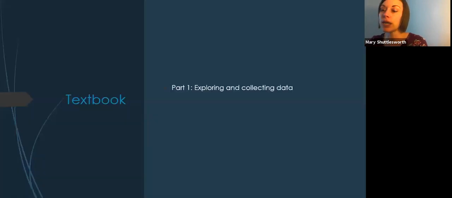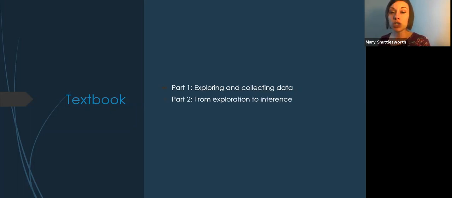All right, so just in terms of looking forward in your textbook, part 1 is all about exploring data, so that's those graphical representations, but also about collecting data, so how to set up research studies. Part 2 is about exploring the data and being able to draw inferences, so taking what you find in your study, in your data, and using that to draw some kind of conclusions.